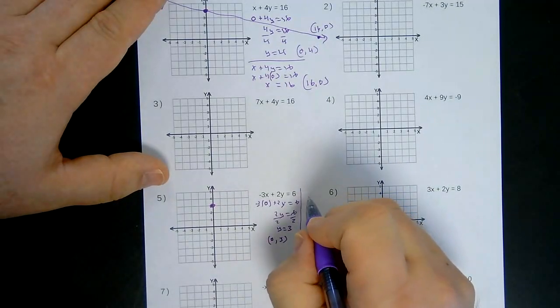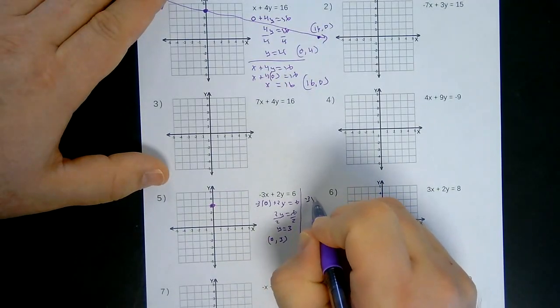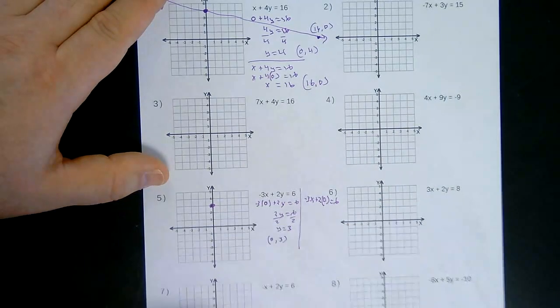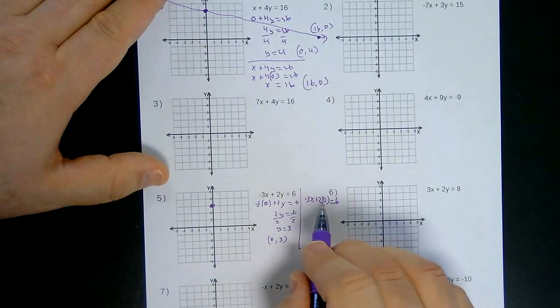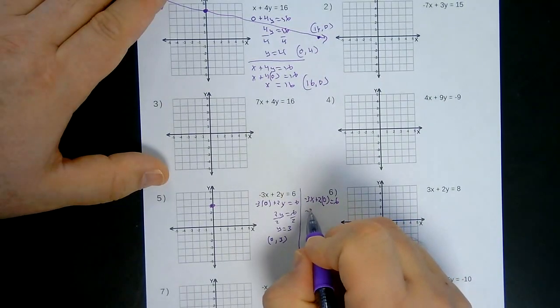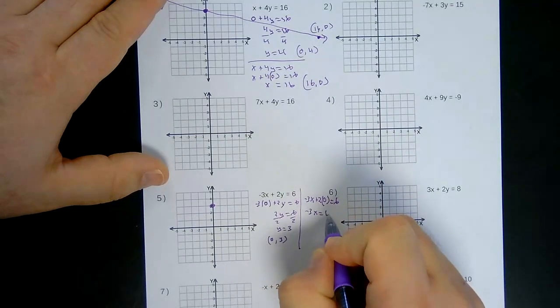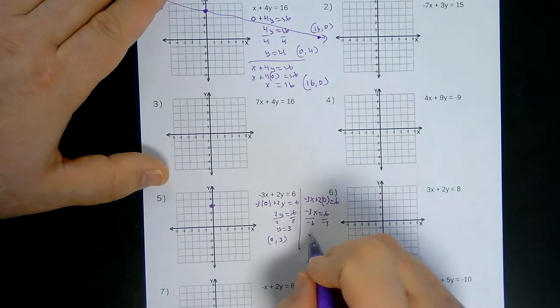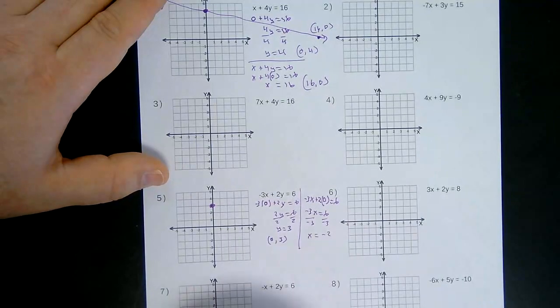Now the next thing is negative 3x plus 2 times 0 equals 6. Again, now I'm going to let y be 0, and I get negative 3x is equal to 6. Divide both sides by negative 3. x equals negative 2.